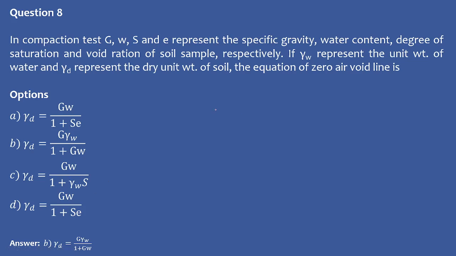If you would have solved it, the zero air void line is given as gamma d equals G gamma W upon 1 plus e, and from the relation we know that eS equals wG, so e equals wG by S. At the zero air void line we have fully saturated soil, so S equals 1, and then we have G gamma W upon 1 plus wG.